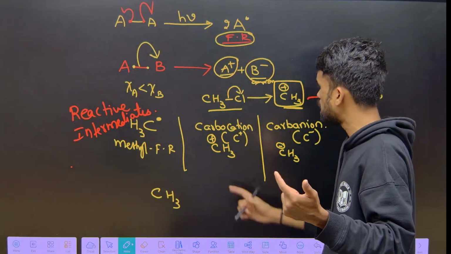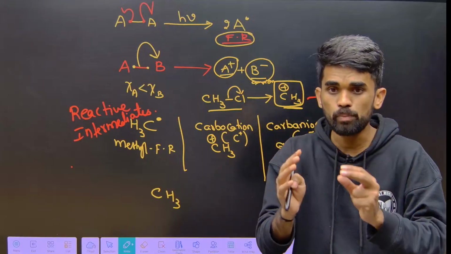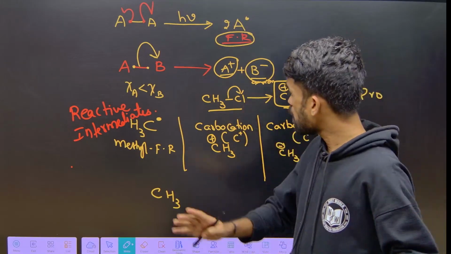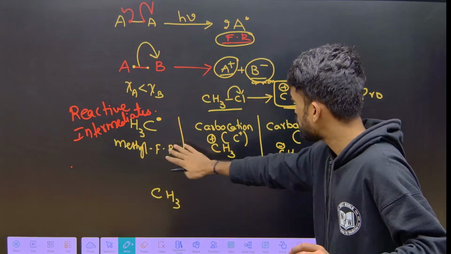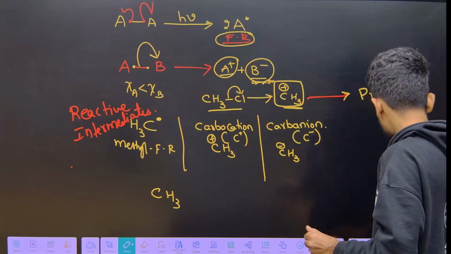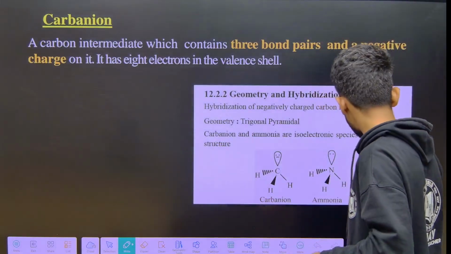Carbocation, free radical and carbanion are the important reactive intermediates. Along with this, there are some other types of intermediates also. I will explain that, but first of all, we will understand these basic things. So, what are the types of intermediates I have given?